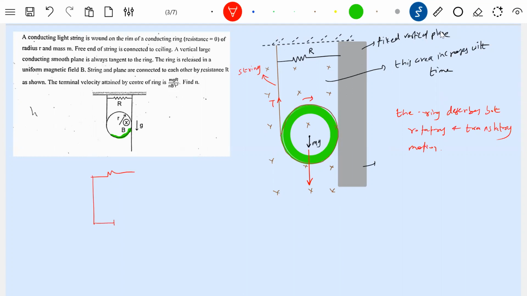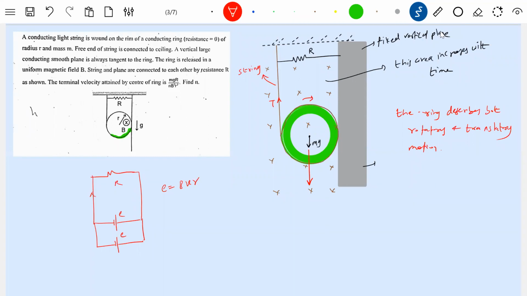So this end will be, two cells. EMF is equal to BV times the radius of the ring. Where is the radius of the ring given? Small r.